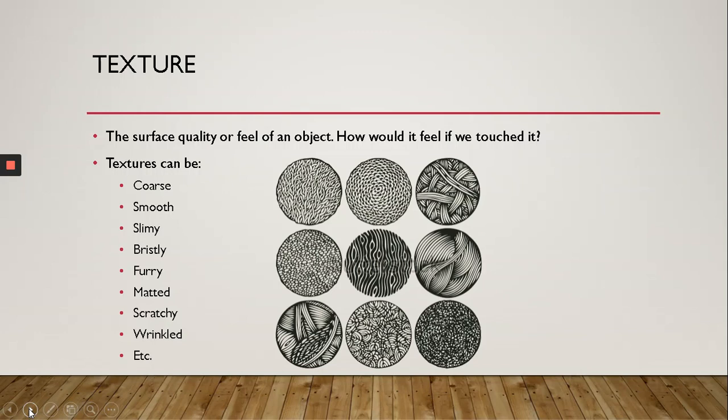Okay, a scratchy texture is so much more interesting to read about than a rough texture. And a slimy texture is so much more interesting to read than smooth. Okay, so try to branch out your adjectives. Try to use words that are a bit more descriptive. If you had to actually feel it, put your hand on that object, how would it feel to you and how would you describe that feeling?